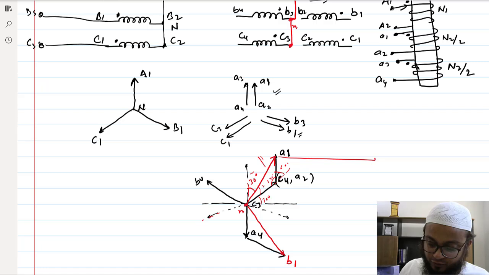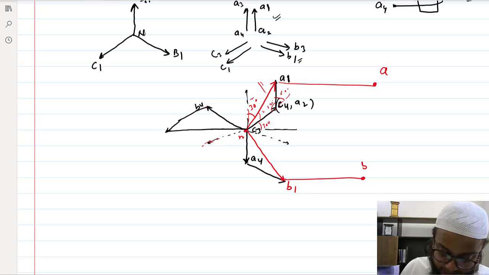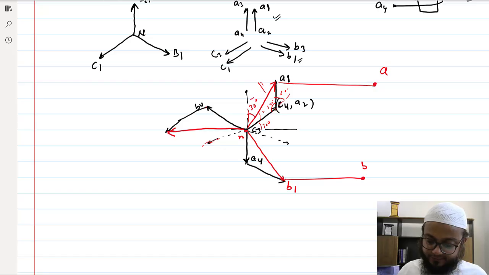So this will go to load A terminal, load B terminal, and I want the resultant at 120 degrees of it. Okay, so then I would be choosing phase C here, which would be parallel to this. So phase C here, and so this would be actually phase C here.